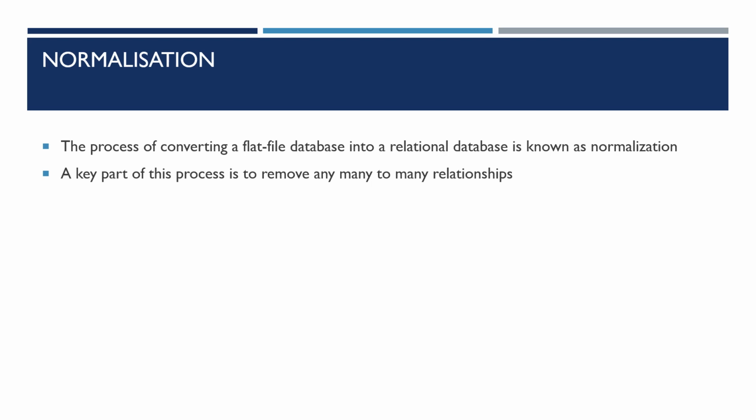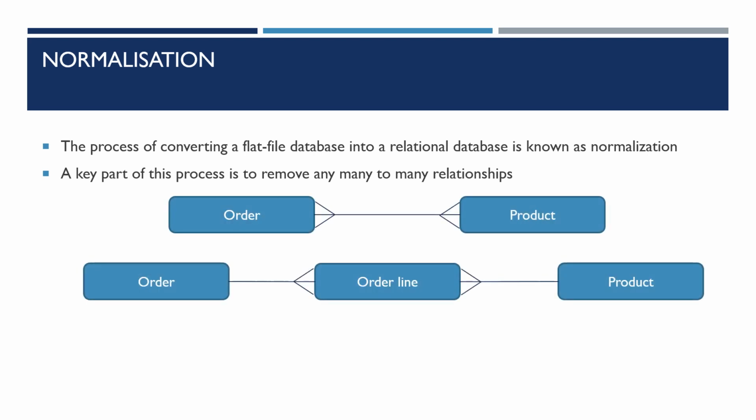A common example of this is found when you see an order for a business. One order is likely to contain many products. At the same time, one product is likely to be on many orders. We shouldn't be implementing this many-to-many relationship, so instead we use this link table. An order is comprised of several order lines.